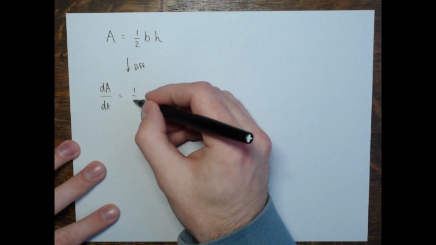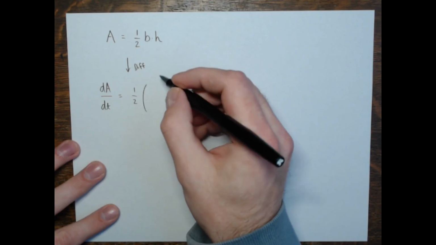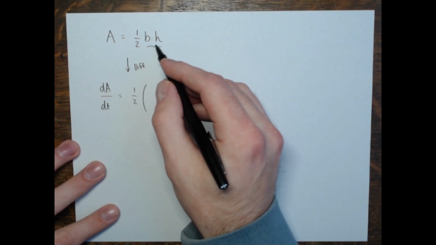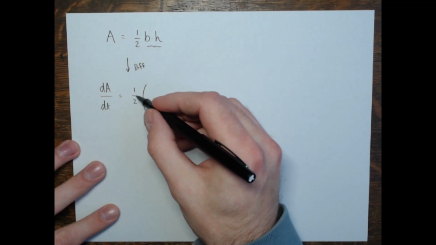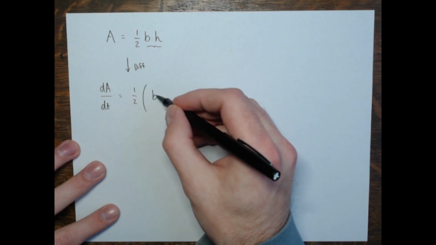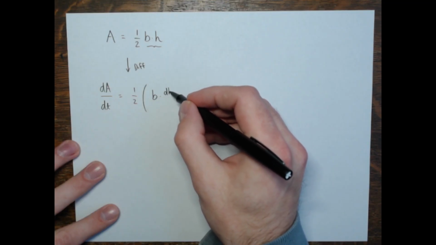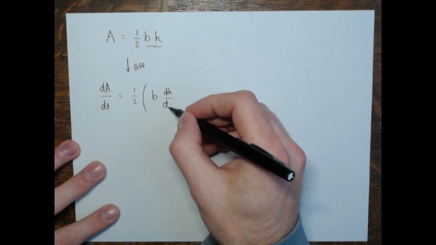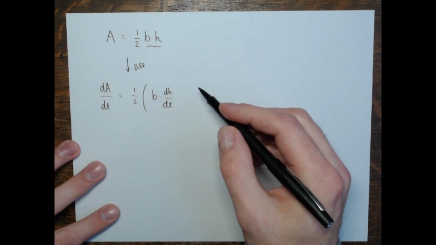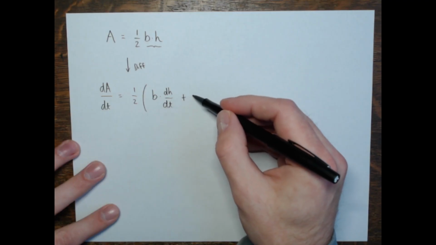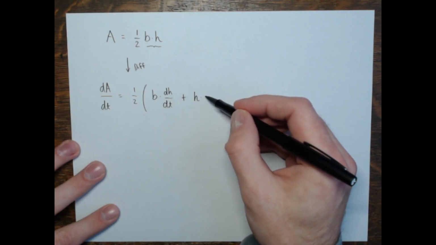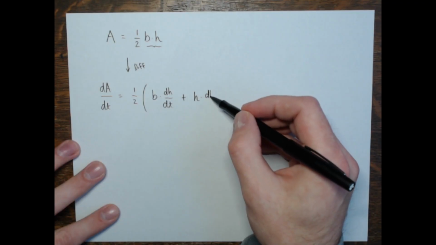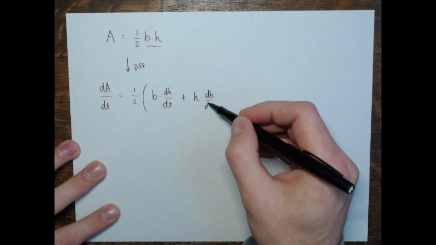And then like earlier, I'll keep the half out here, and then we're going product rule with the b times h. So half the quantity of, you got b times the derivative of h with respect to time, dh/dt, plus, and then the other way around, the height h times the derivative of the base, db/dt.